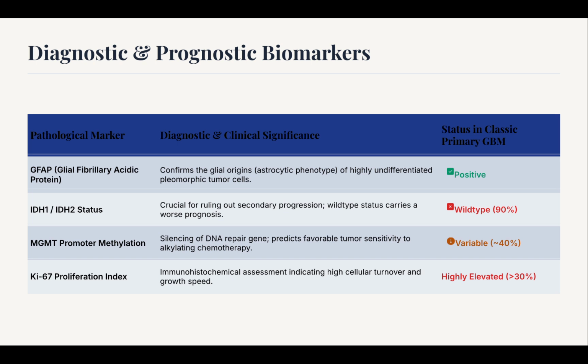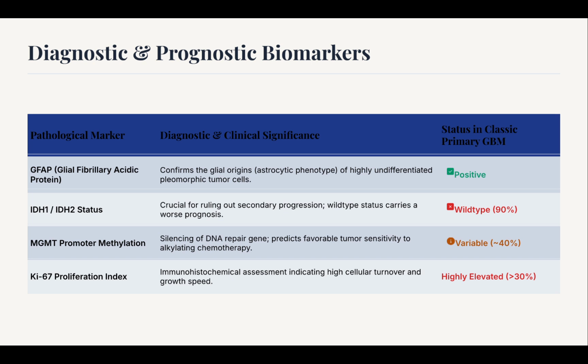IDH1 or IDH2 status is crucial for ruling out secondary progression. Wild type status carries a worse prognosis. Its status in classic primary glioblastoma is wild type, which accounts for about 90% of glioblastoma cases.